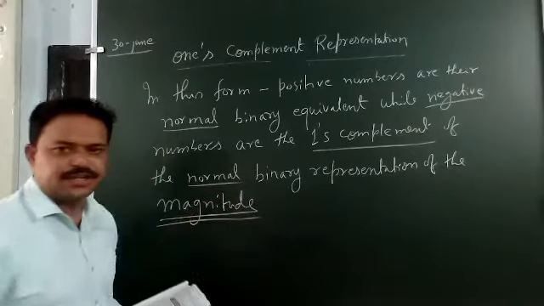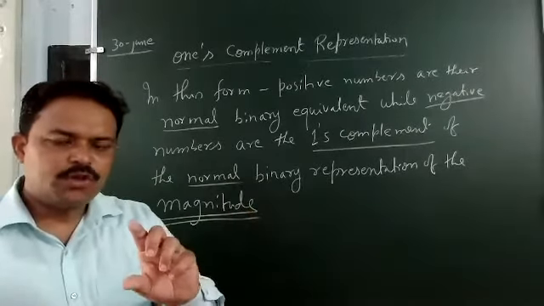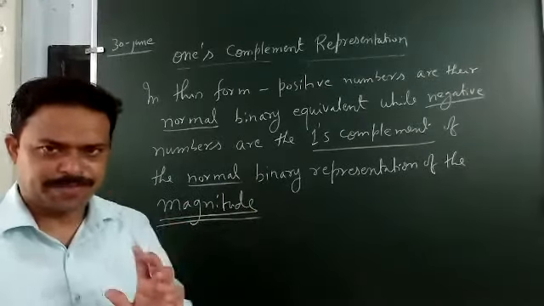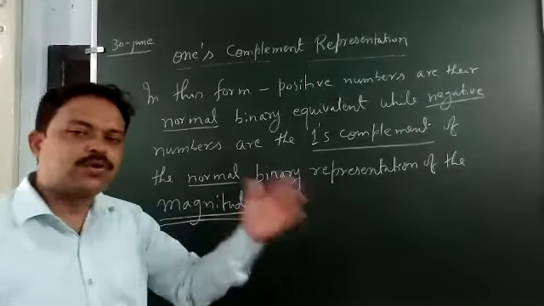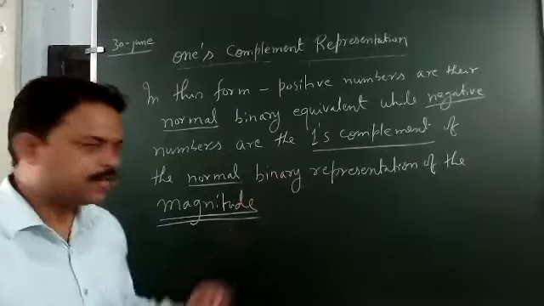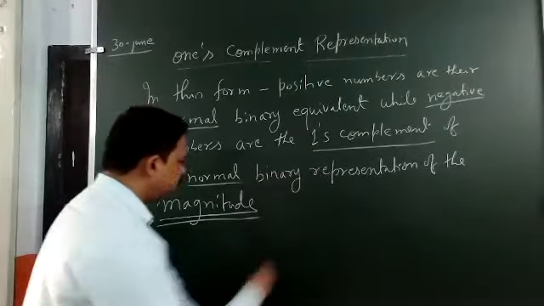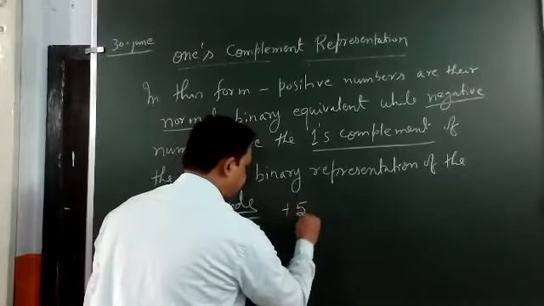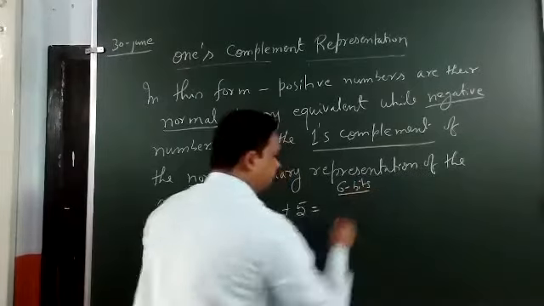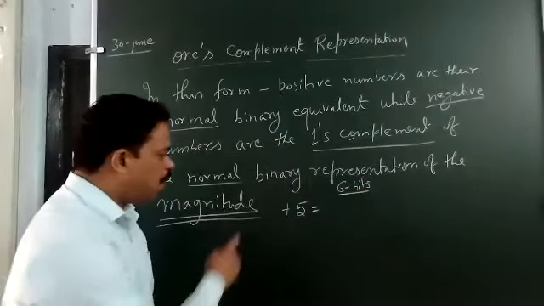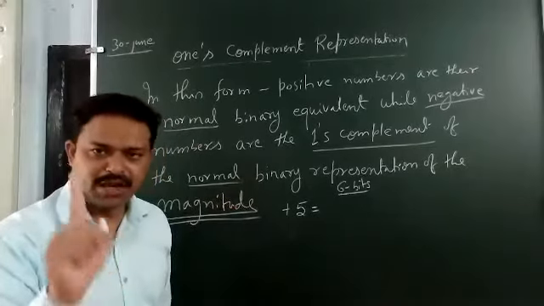If you read this definition, you will be a little bit confused. But don't worry, I am going to explain the definition also, and we will make one conclusion. Let me take an example once again. Plus 5 in 6 bits. How will you write plus 5 in one's complement?